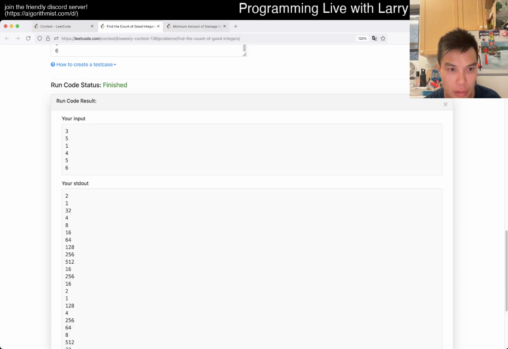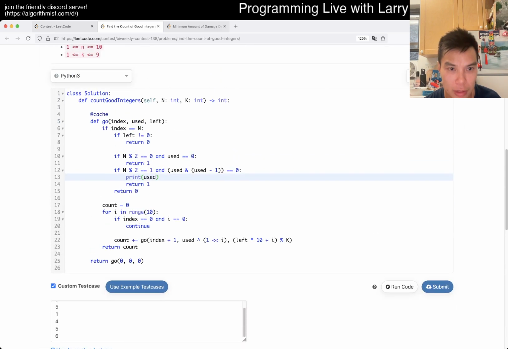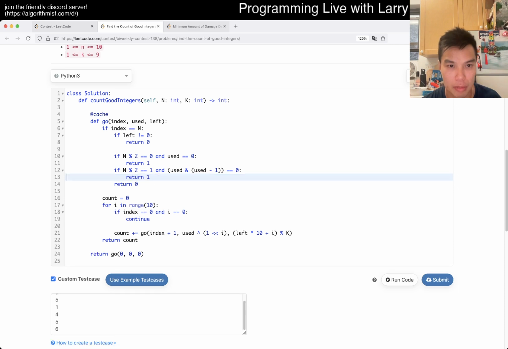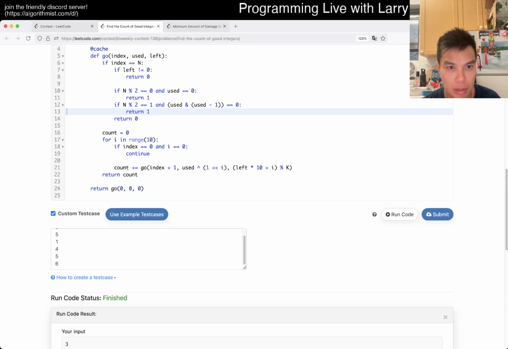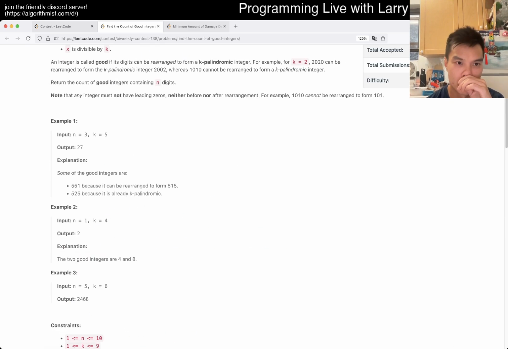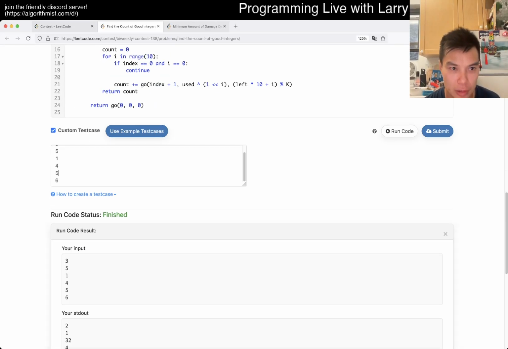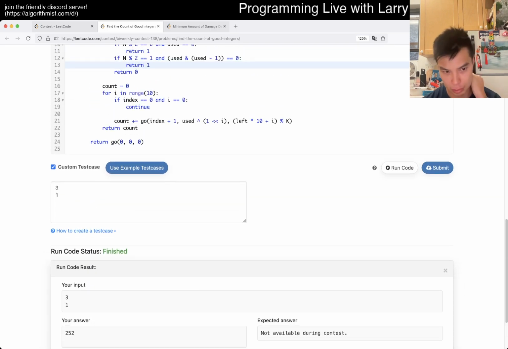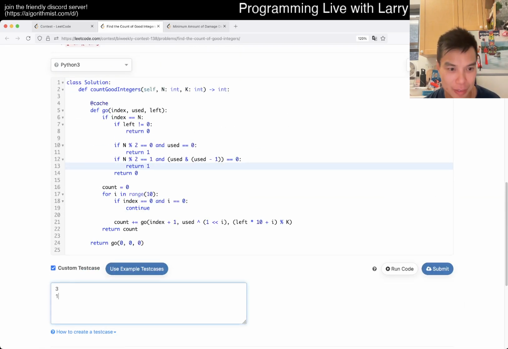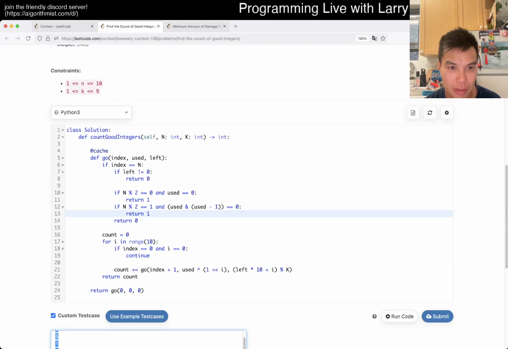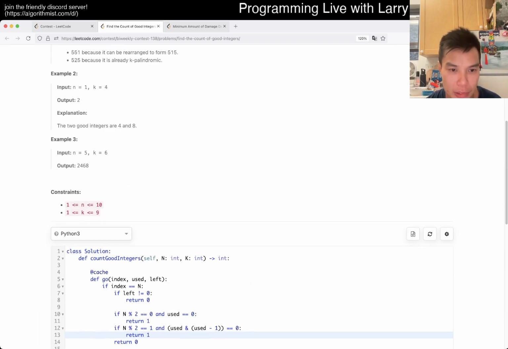Alright, all this looks right, so I'm not doing anything too funky. F is equal to 0. Okay. What am I doing wrong? 3 digits, 5. Alright, let's do 3, 1. What does that mean? Is that even right? I don't know. I don't know what the right answer is.